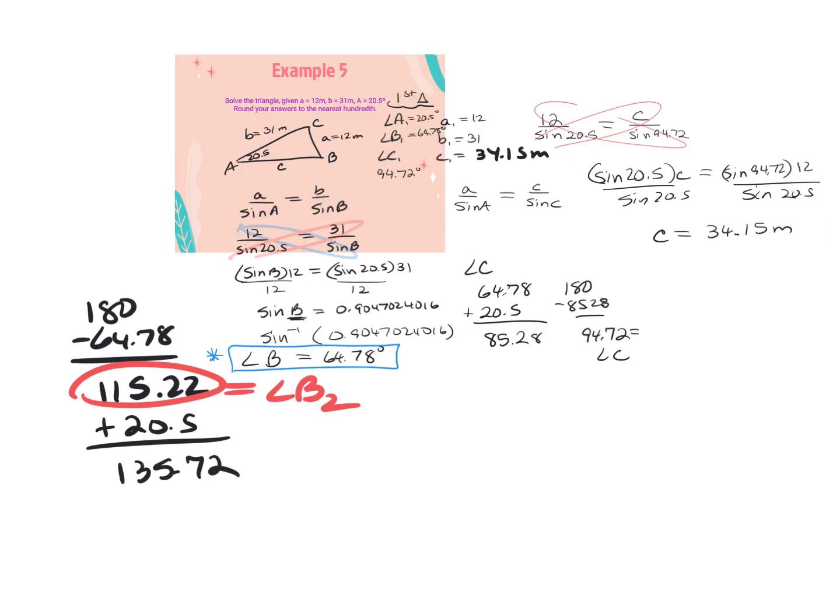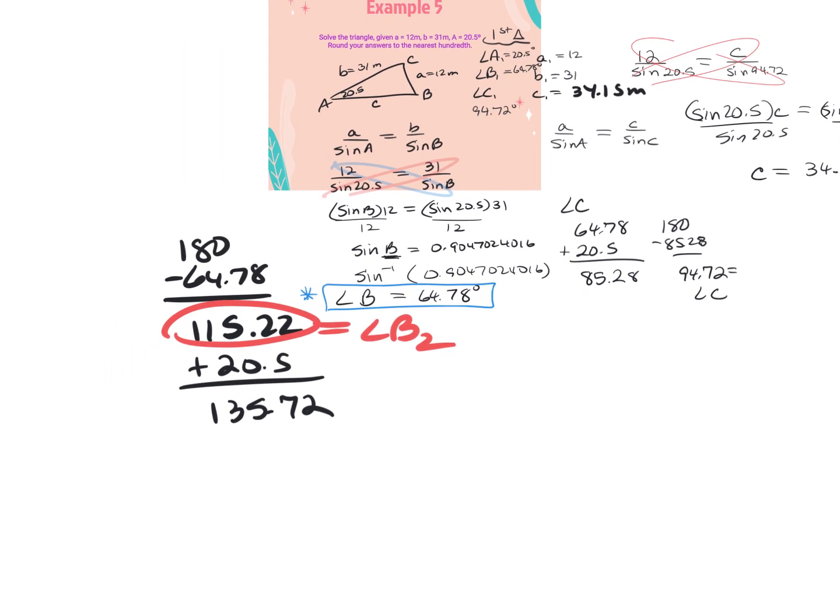Okay, so now that we've completed the first triangle, now we have to do the check. So again, you take what you got for angle B, the first angle B, and we're going to subtract that from 180. Then what we need to do is add that number to the original angle given.